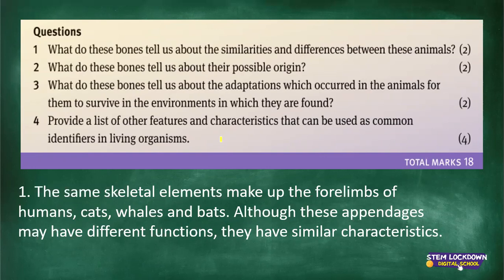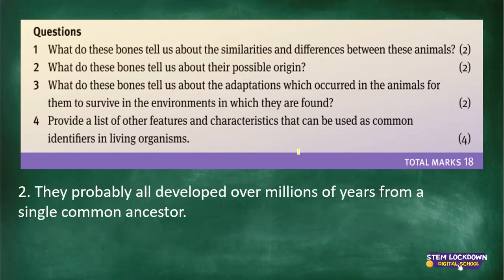Question 2: What do these bones tell us about their possible origin? They probably all developed over millions of years from a single common ancestor. That's what we can say for a fact. That's why, chances are, they are so similar. It's because they've come from the same ancestor.